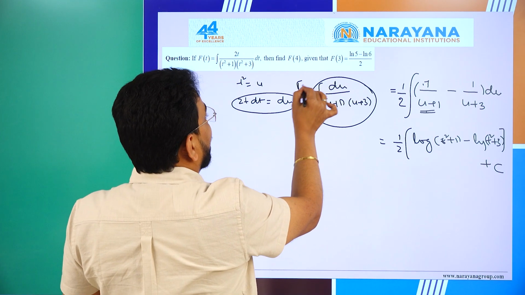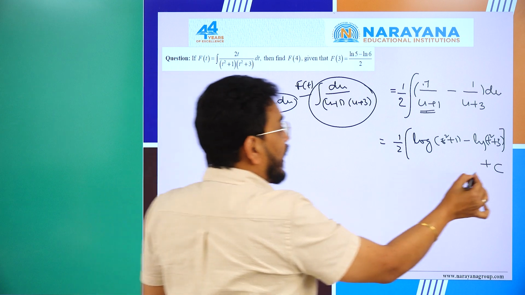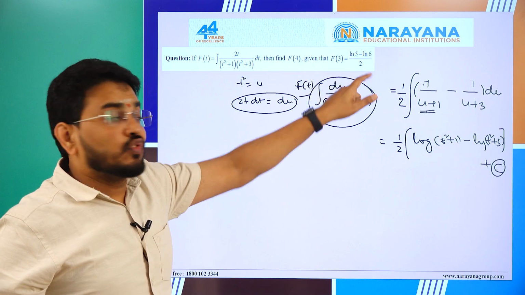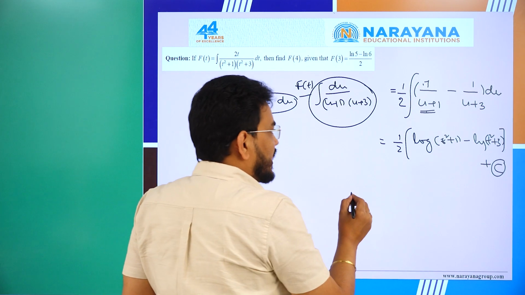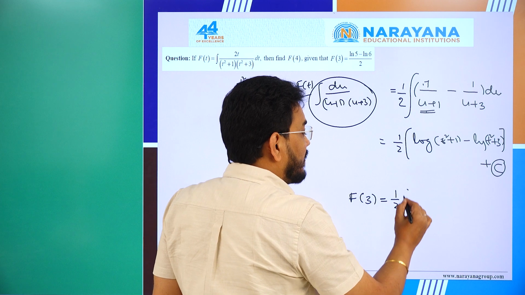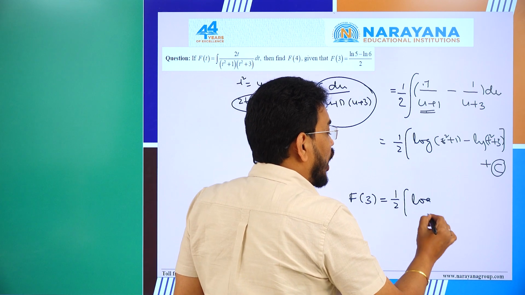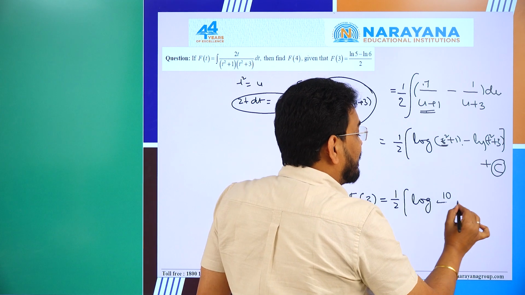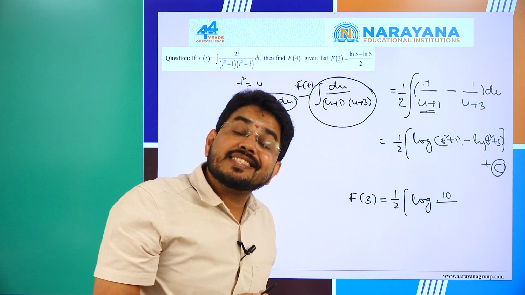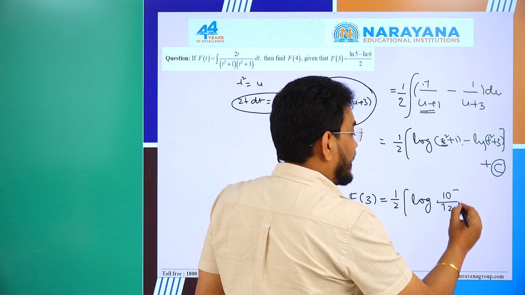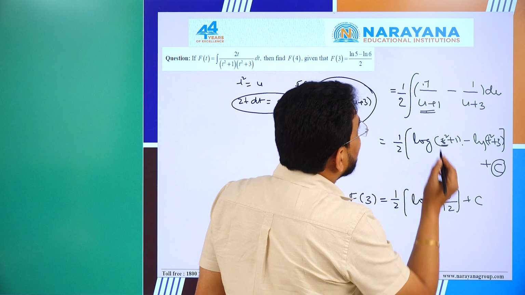What is this? This is f of t. To find the c value, they have given f of 3. So substitute t is equal to 3. So f of 3 is equal to 1 by 2 times of log of 3 square plus 1 minus log of 3 square plus 3, plus c. So this is log of m by n, this is 5 by 6.